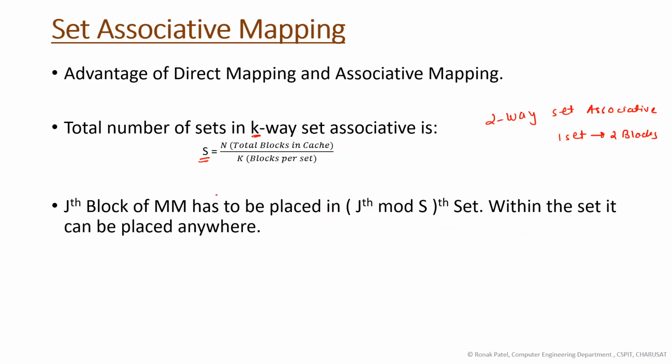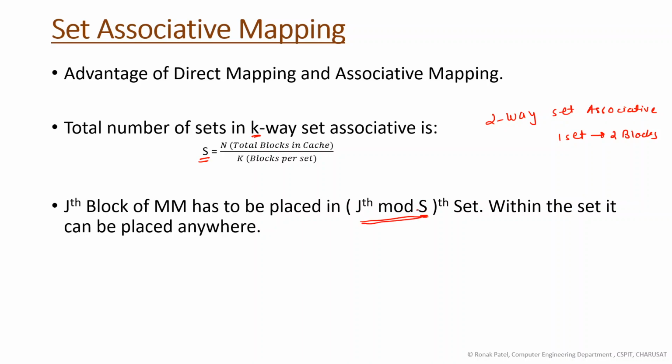Now, how to place a block from main memory into cache memory? The jth block of main memory has to be placed in set j modulo S, where S is the number of sets. So the modulo operation we are performing is on sets.